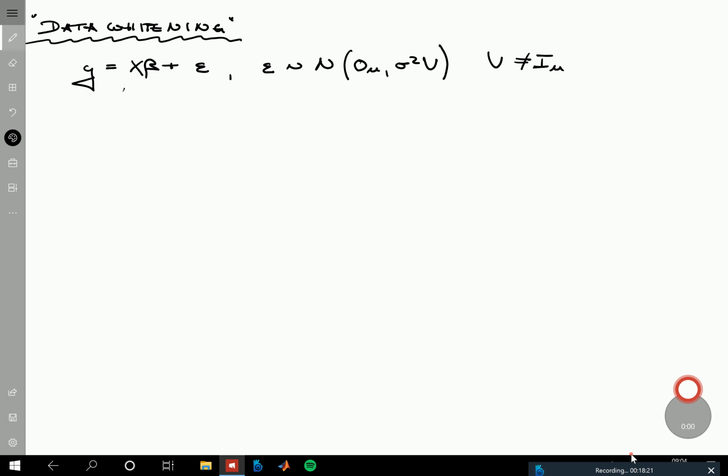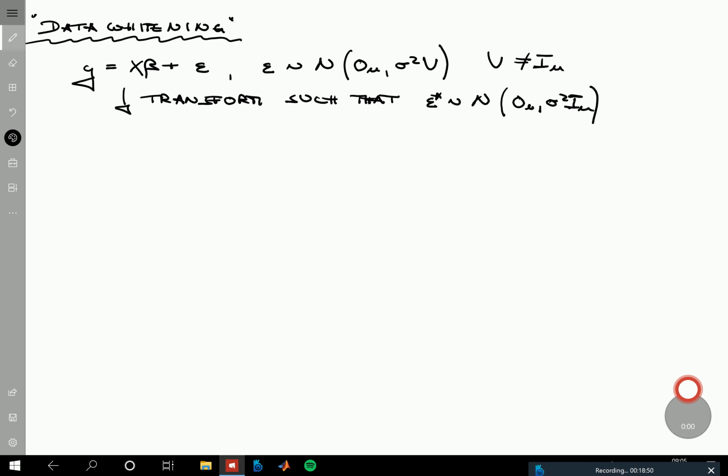Now again, we apply some transform such that the transformed errors, call them epsilon star here, are normally distributed with spherical covariance matrix.